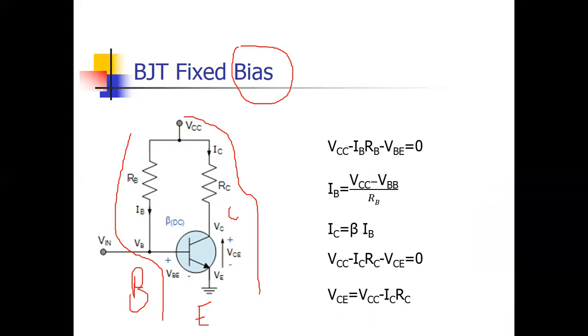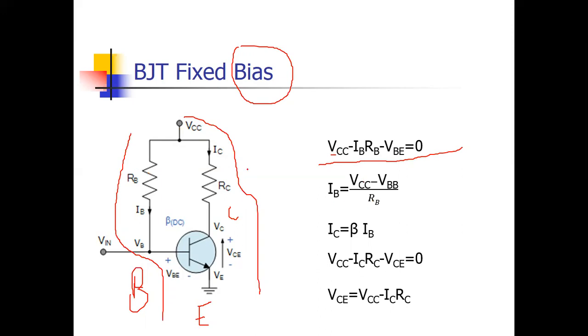If we apply KVL at the input side, the equation is VCC minus IB RB minus VBE equals 0. From this equation, IB equals (VCC minus VBE) upon RB.